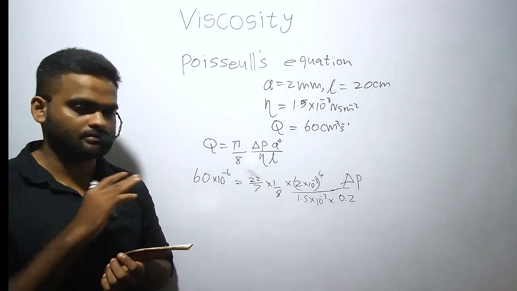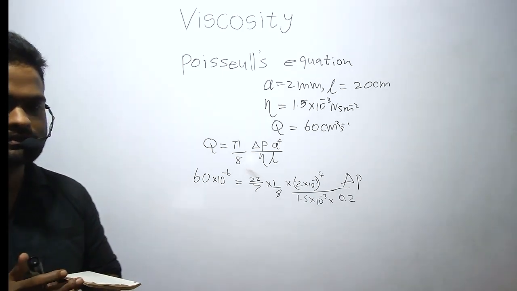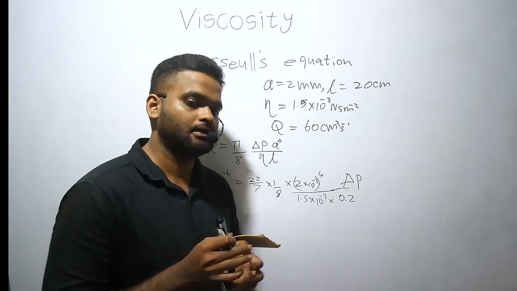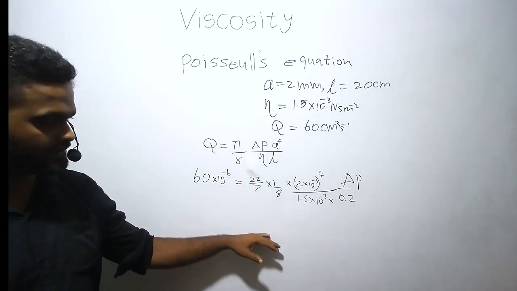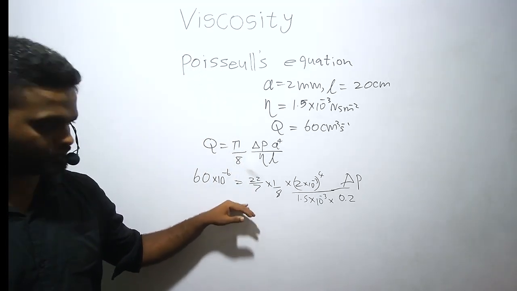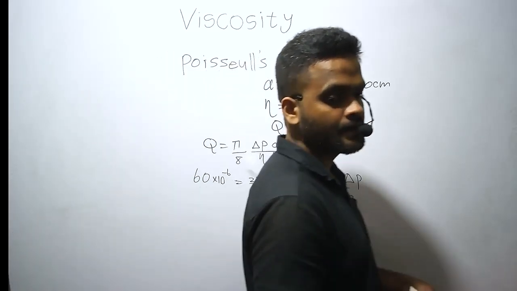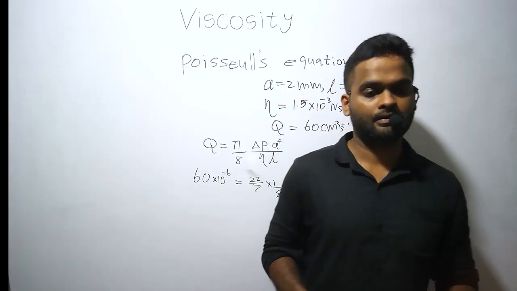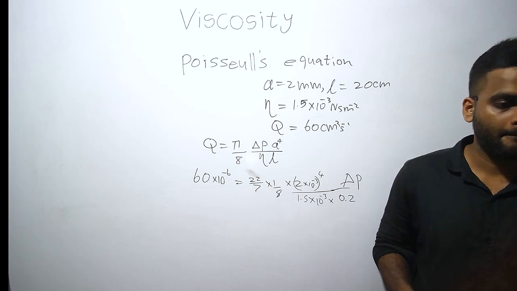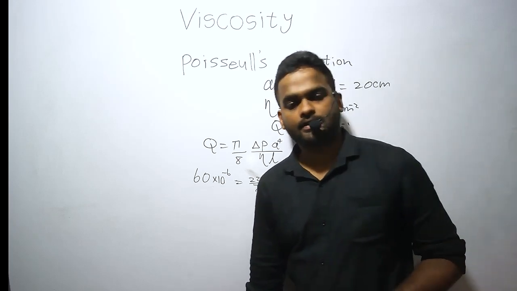Did you take this down? Leave a space for delta P, right? To write the value of delta P.